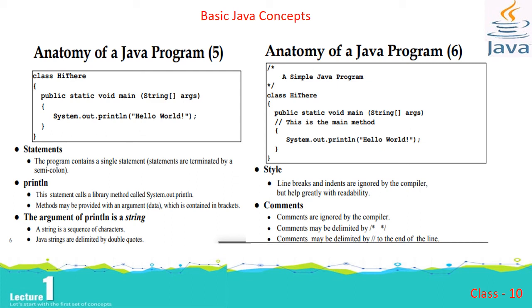They have no impact on the programming. The single line comment is shown with two slashes back to back. We write a line, and as soon as we come to the next line, the comment is over. So it's a multiple line comment and a single line comment.